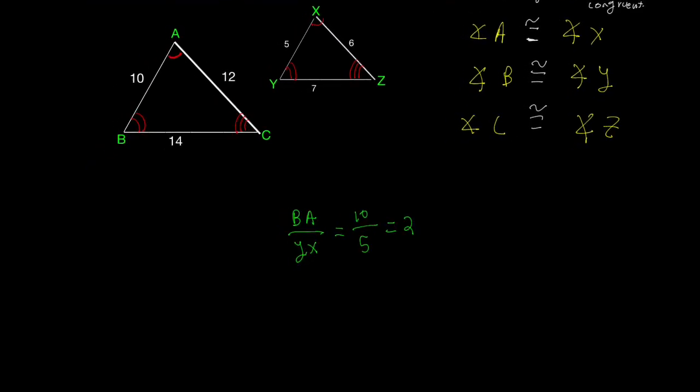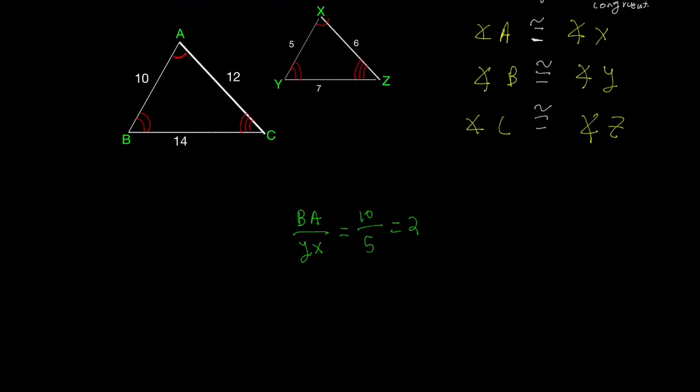Let's test out the other pair of corresponding sides. Now I'm going to get length AC, and AC corresponds to XZ. So I have AC, and I'm going to divide it by XZ. And we see that AC has a length of 12, and XZ has a length of 6. 12 over 6 is 2, so far we're looking pretty good.